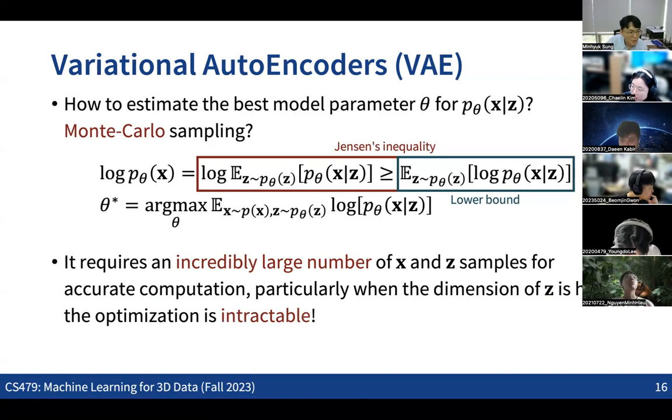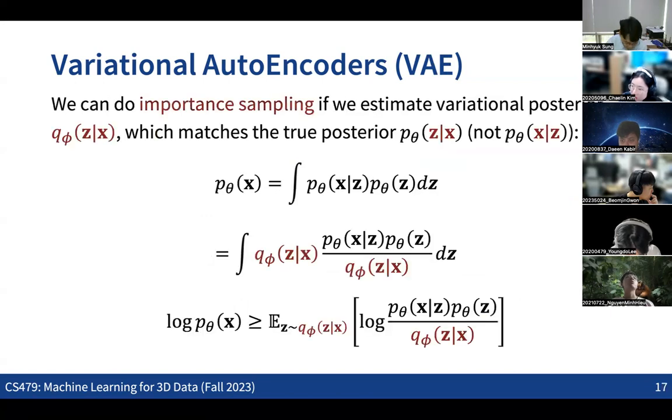So what people want to do here is some kind of importance sampling, in the Monte Carlo sampling idea.